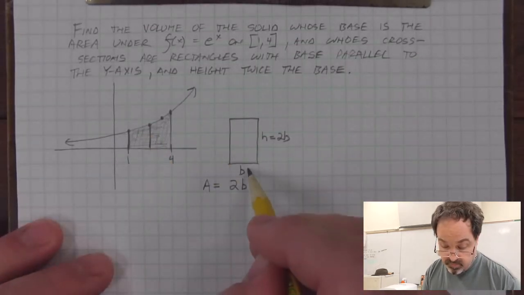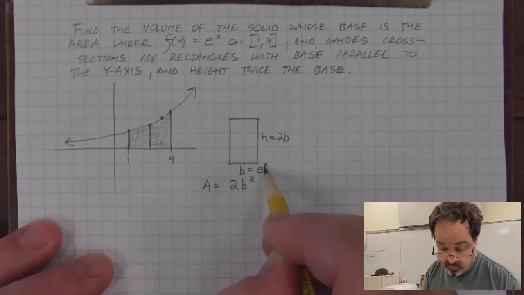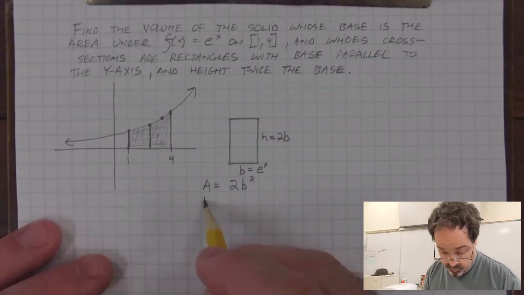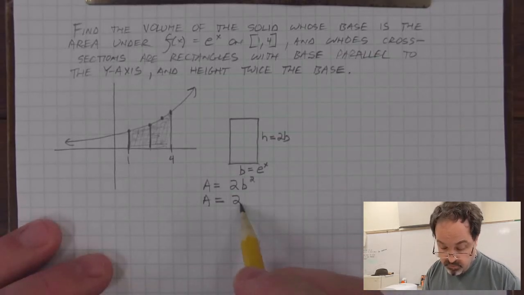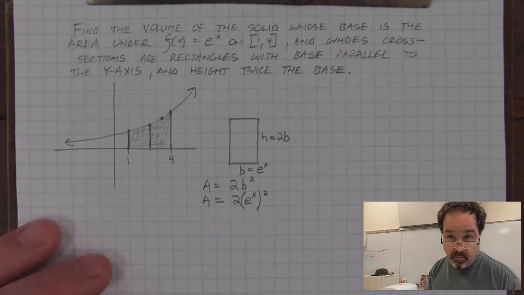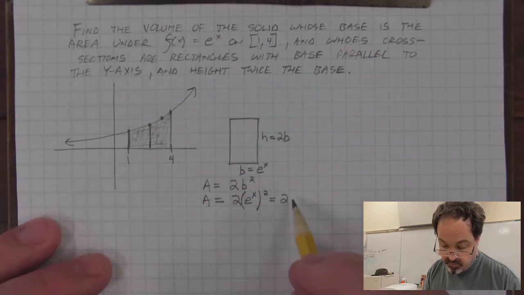So something else that can be said is the base of every rectangle comes from, or is equal to, the function e to the x, which helps me to modify my area expression to be 2 times e to the x and then squared. With a power property, I can bring the power of a power together and simplify it to 2e to the 2x.